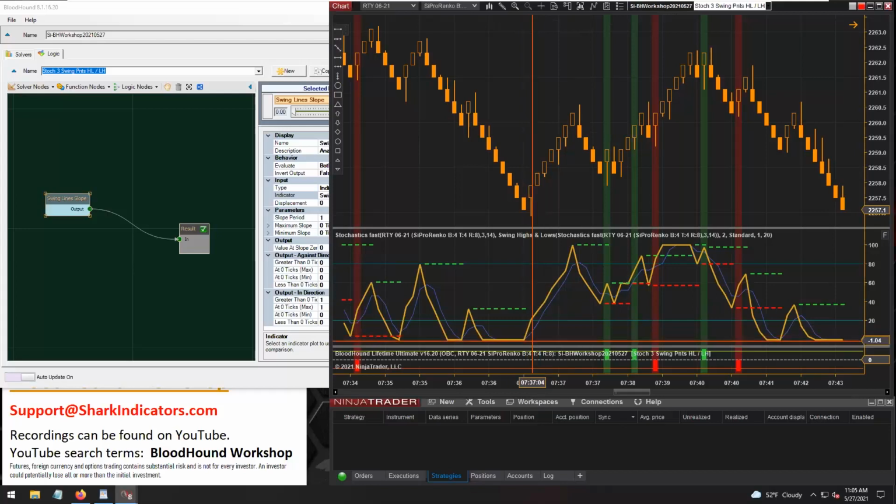So, all right, I have the stochastics starting at the bottom. We have a higher low, actually a double bottom, and then another higher low, but then we have a lower low, right?